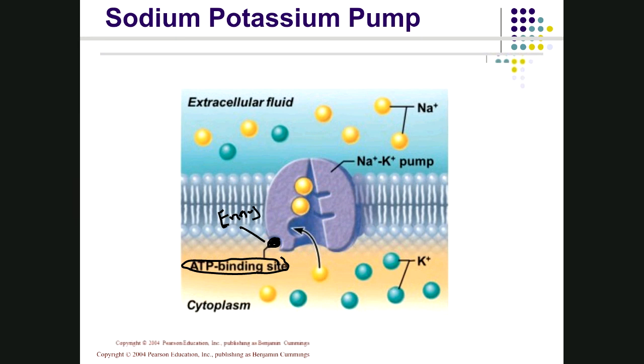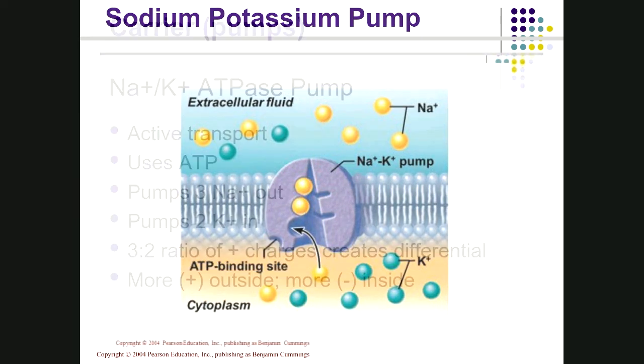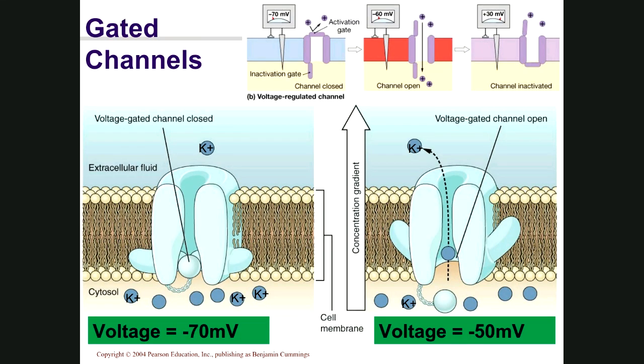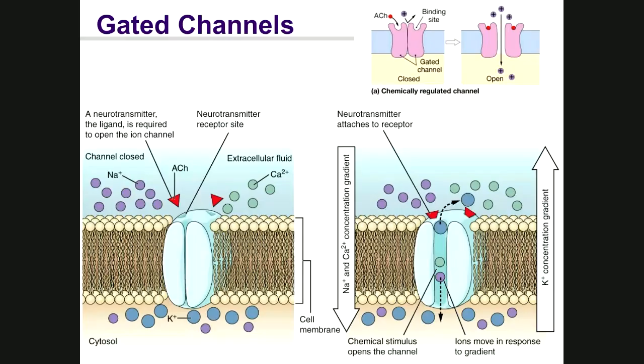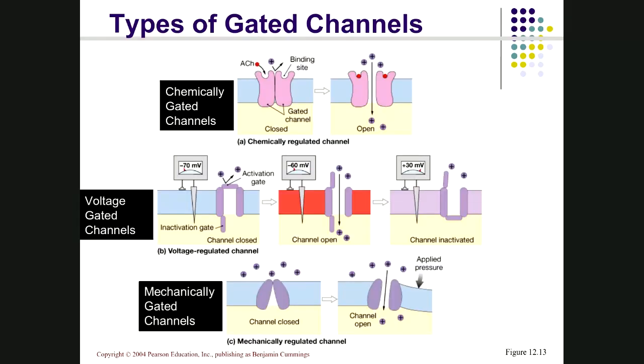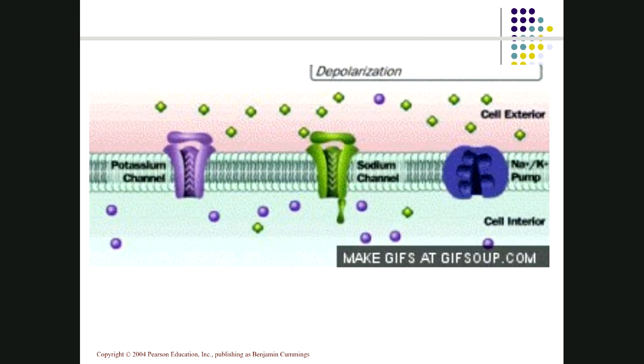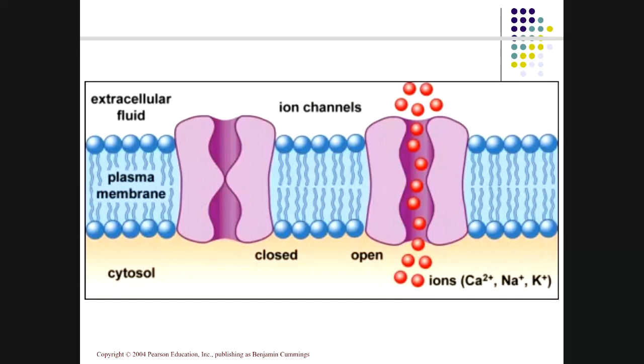So Zoe says, can you say what is the difference in function between pumps and channels? Sure. Pumps are active transport. Remember, channels, whether they're gated or whether they're leak channels, are passive. Well, look, there's no ATP involved here. And since there's no ATP, they can only move from high to low.